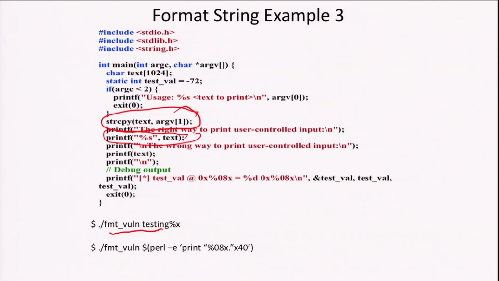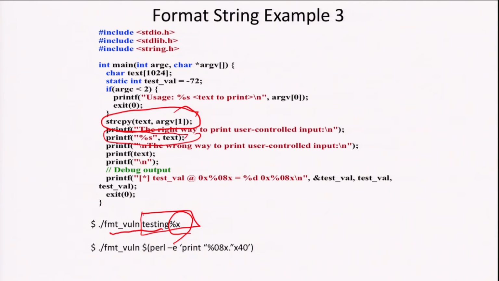Note that while executing this program, I have used a string as my argument, in which I have a string formatting instruction. So if I am not careful, then printf will treat this as a formatting instruction.